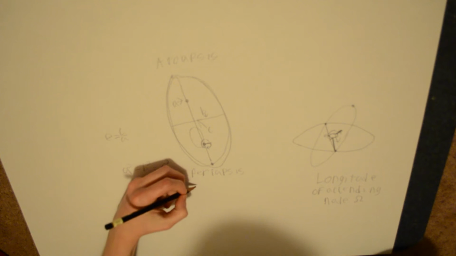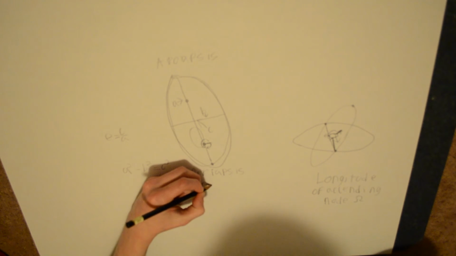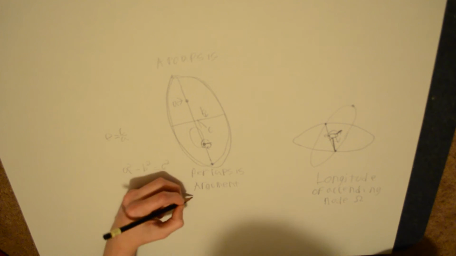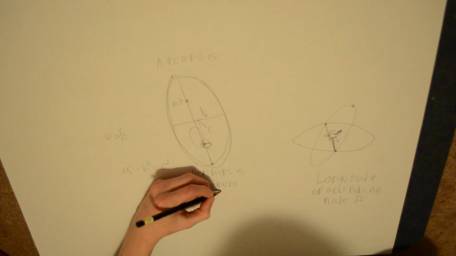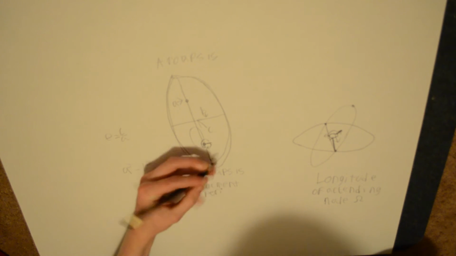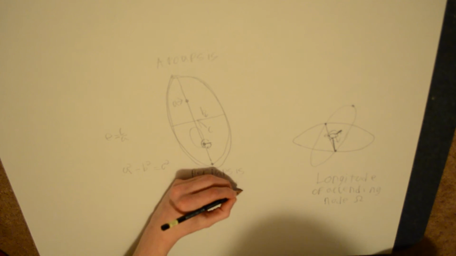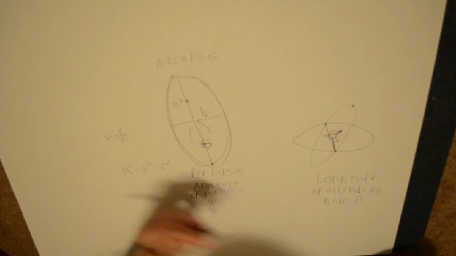And that is the argument of periapsis, which is denoted by a sort of squiggly w.